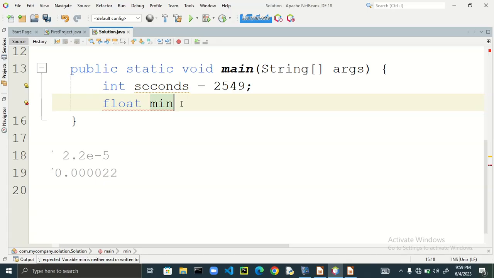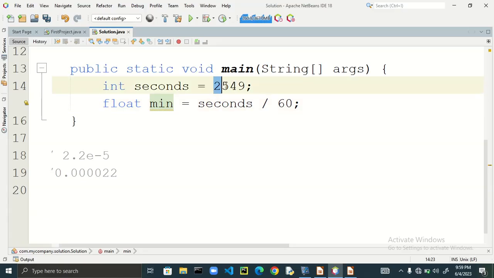I'm not sure, but to be on the safer side, let's use float. So float min is going to be a variable that will store the minutes that we will get. Float min is going to be seconds divided by 60. You know that in every minute there are 60 seconds. So we are going to divide the seconds by 60 to get the value of our minute.